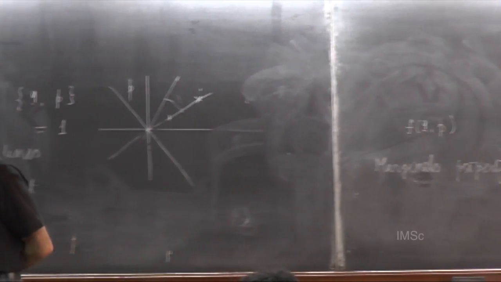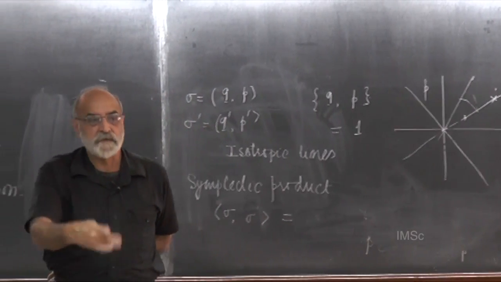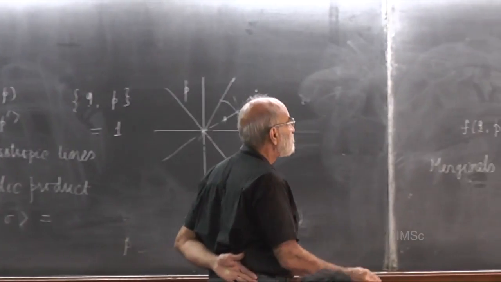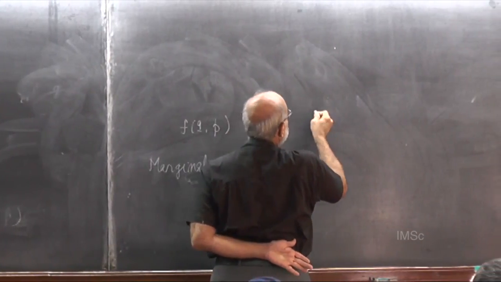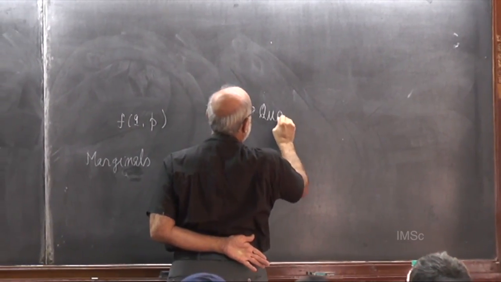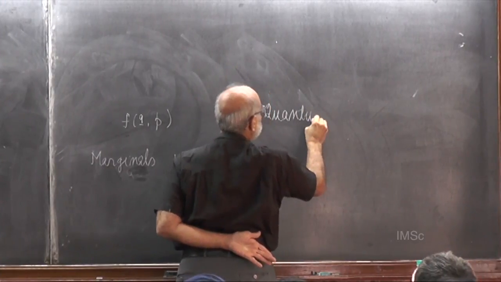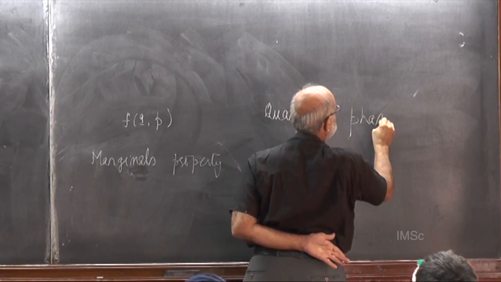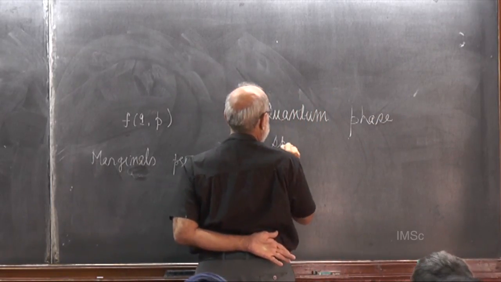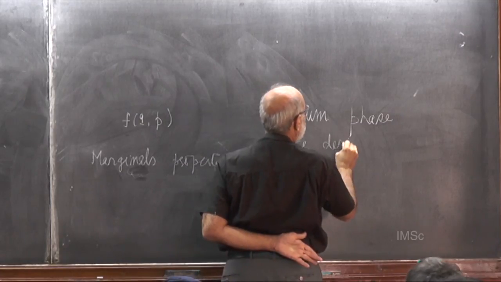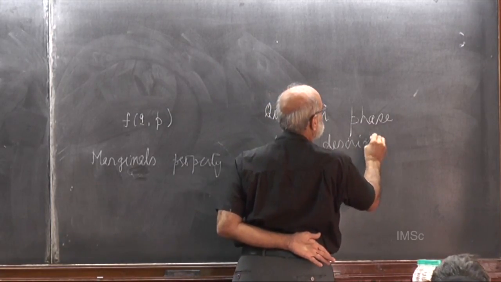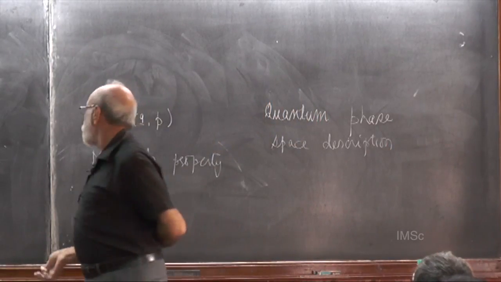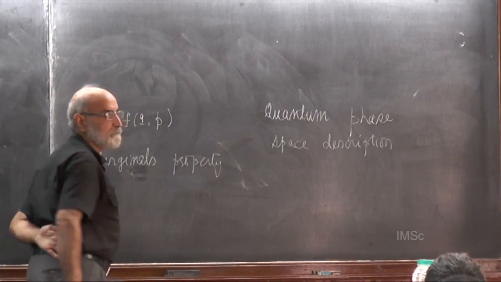Now the next step is just to indicate what is to come in the later lectures. What does it entail to construct a quantum phase space description in terms of Q and P? Then, what is the analog of this classical phase space distribution?